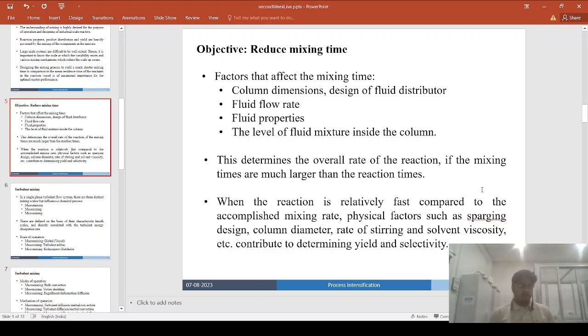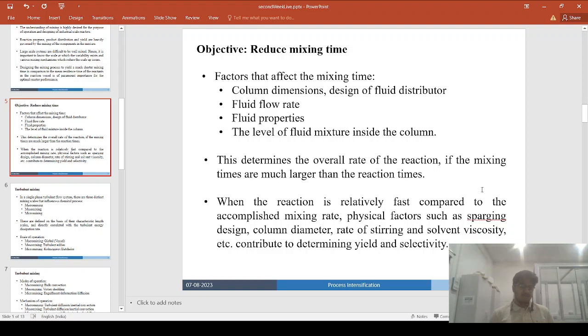The reaction times you cannot generally change unless you use a catalyst or high temperature or high pressure conditions. But by changing the column dimension, the fluid flow rate, the fluid properties, or the level of fluid mixture inside the column, you can play around with the mixing times.